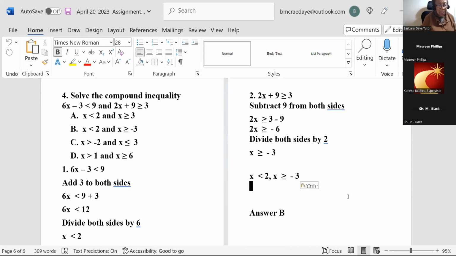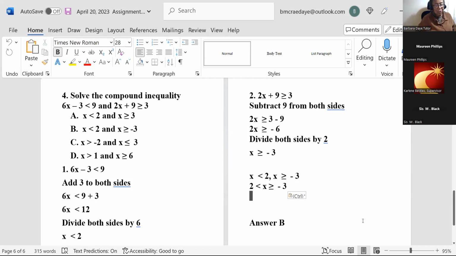Now, if you did, instead of saying x less than 2, if x is less than 2, then 2 is less than x. And then we already have here greater than or equal to 3. So we just put greater than or equal to 3. So this is the way it would look as a compound. What's the question? This, you have to reverse the sign.